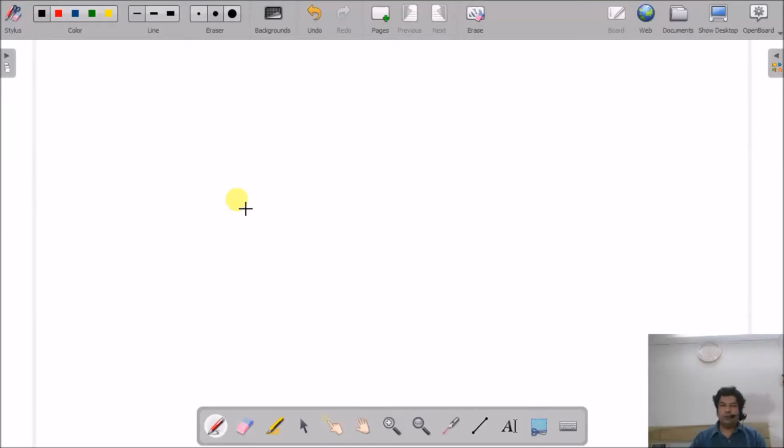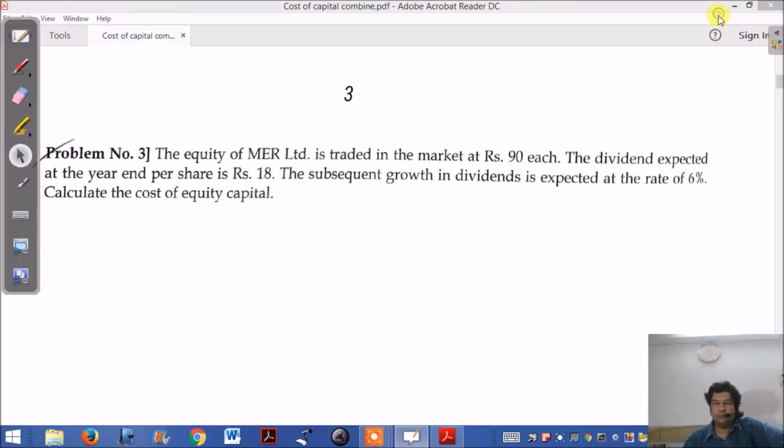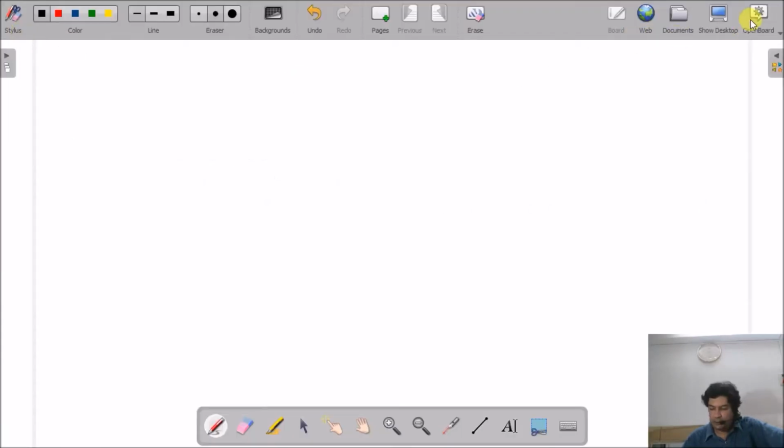Right now we are going to our day 2 of the particular chapter, which is cost of capital. So now we are going to move to the third sum. So this is the third sum which we are having right now with us. So I am going to copy this sum.